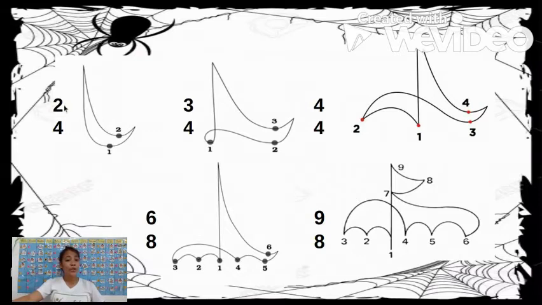So for 2/4, you can use your two hands also. 1, 2, 1, 2, 1, 2. Okay, let's have 4/4. Follow the pattern. 1, 2, 3, 4. 1, 2, 3, 4. Okay, down, in, left, right, up.